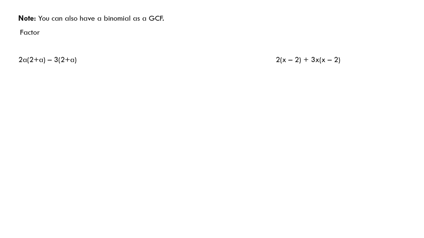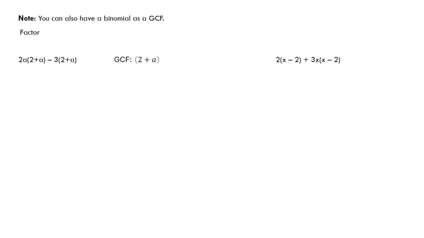In these examples, we're told you can also have a binomial as a greatest common factor. So in looking at this first example, we can see that both of these terms can be divided by 2 plus a. So 2 plus a is our greatest common factor.